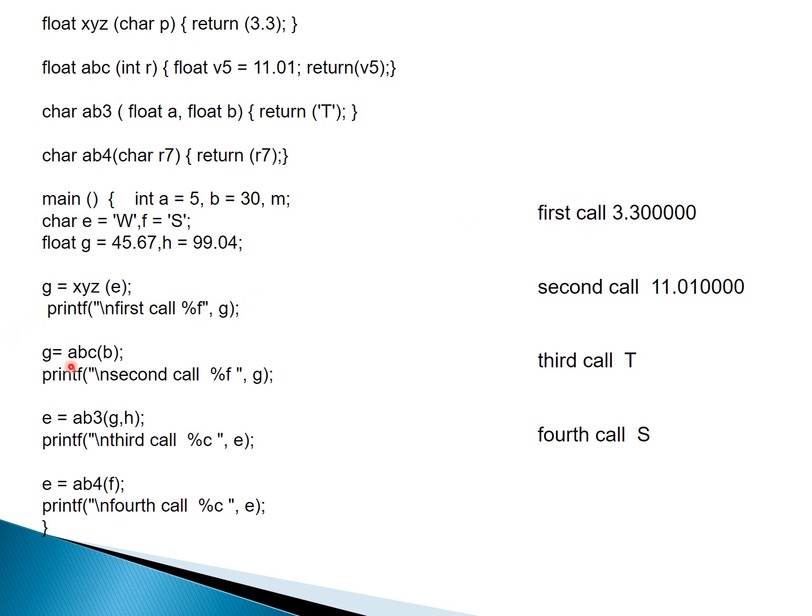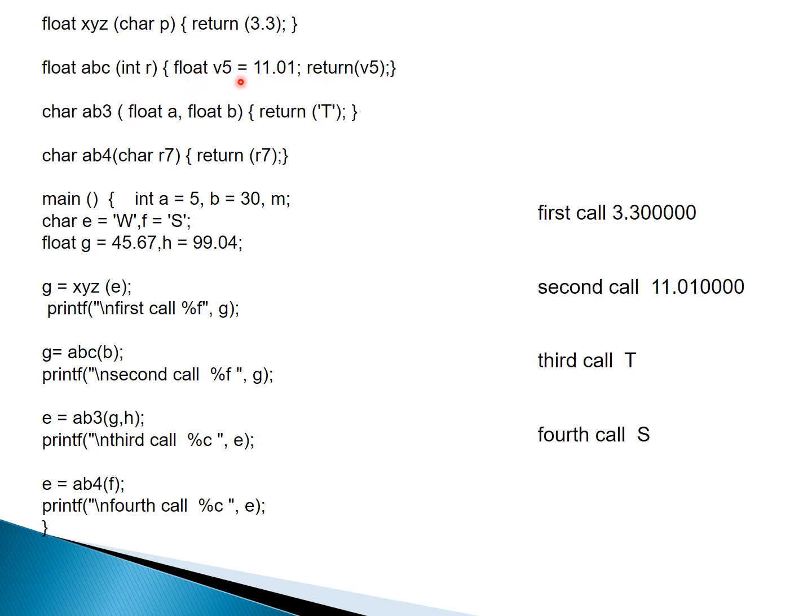Then the second function is called, so again we should receive the float value on g, or even h. It will accept an integer value, so you can pass a, b, or m. So we pass the value of b, which is 30. The 30 will be stored on r, so the value of r in this function will be 30.